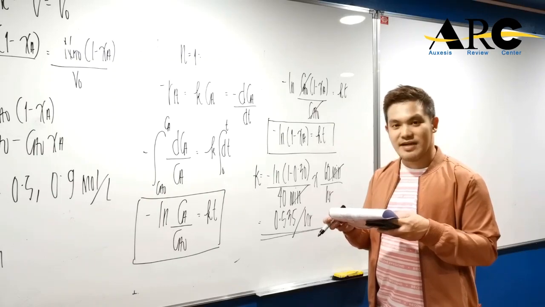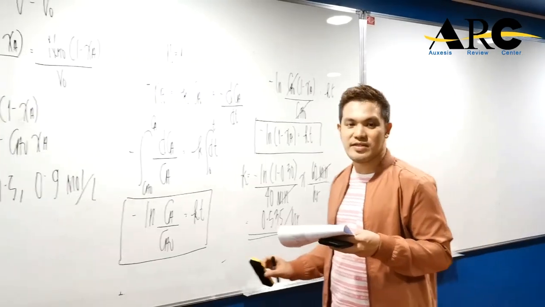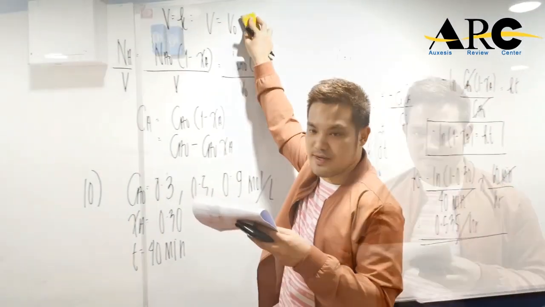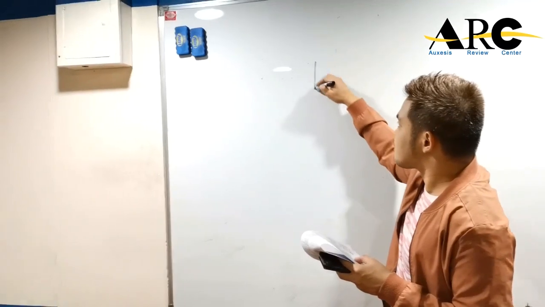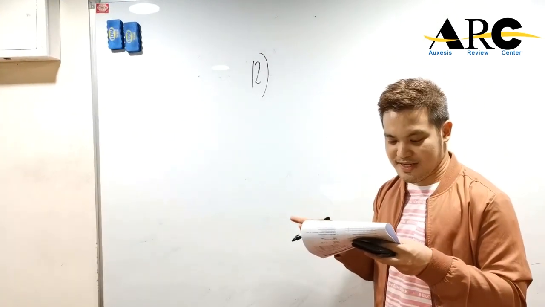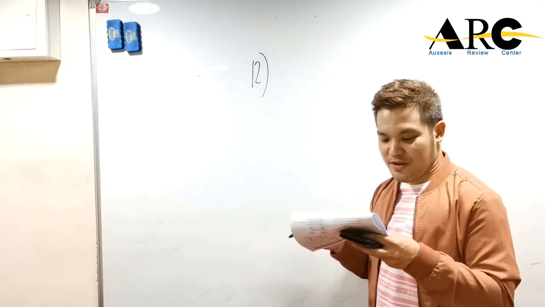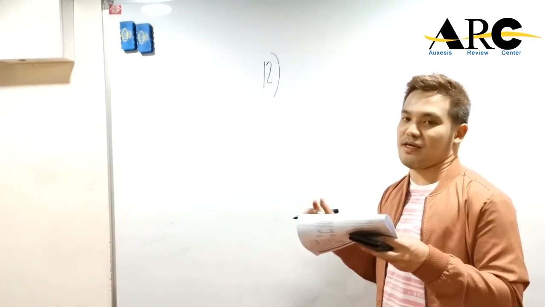So, try natin i-apply sa number 12. May mga ganitong problem na lumalabas sa board, especially sa day 1. So, for number 12, the concentration versus batch time data for a constant volume isothermal batch reactor is given in the table below.